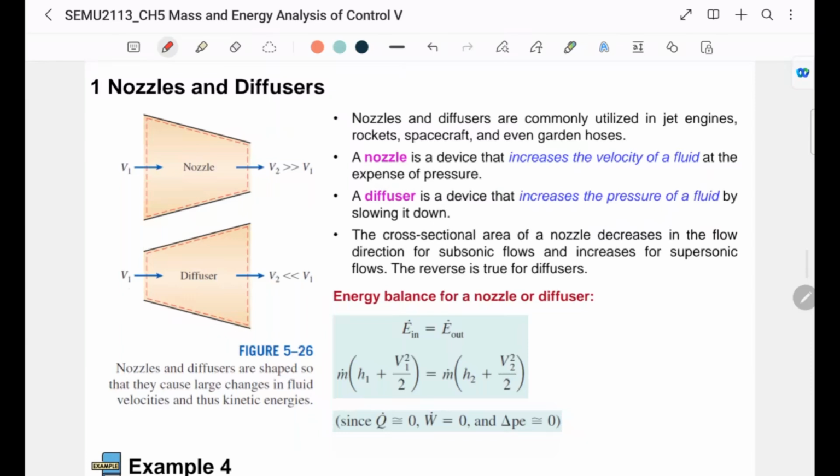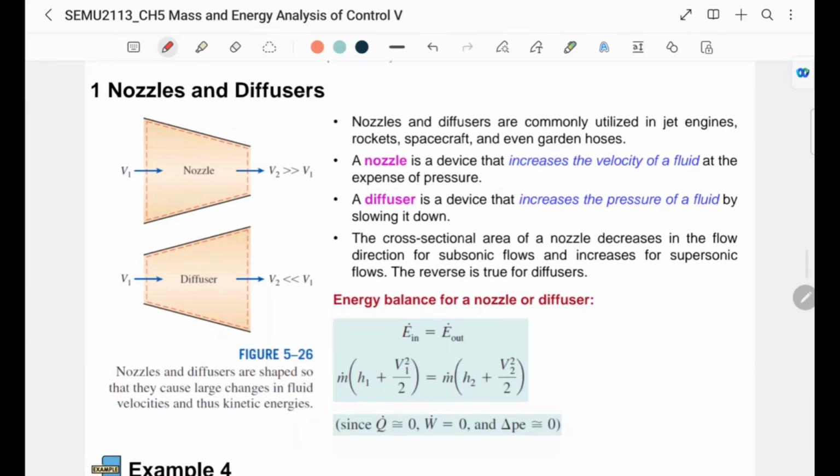So first of all, nozzle and diffuser. Nozzle, we've seen the example before. It changes the velocity across this device, this control volume, so the property will change. Specifically, a nozzle increases the velocity.